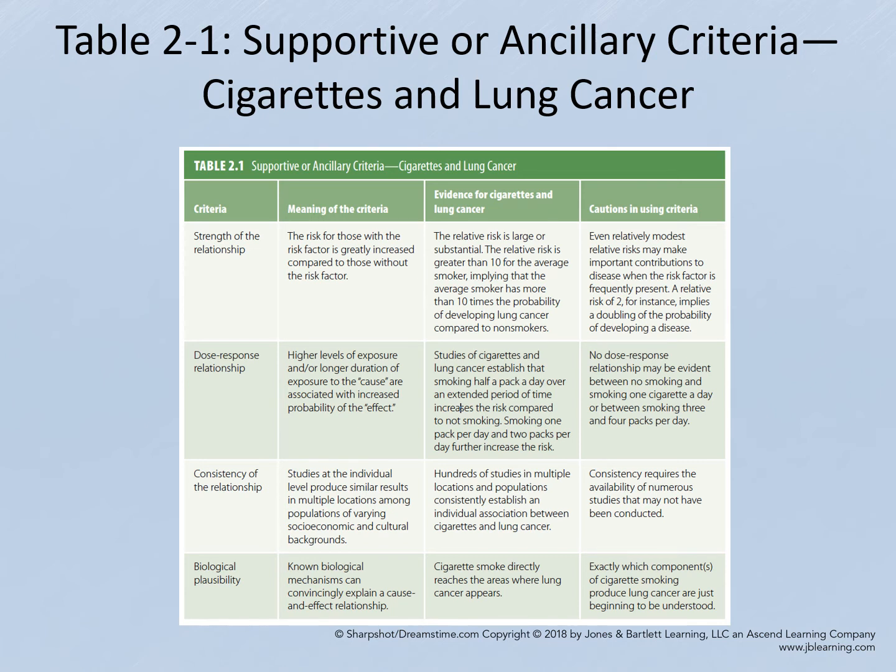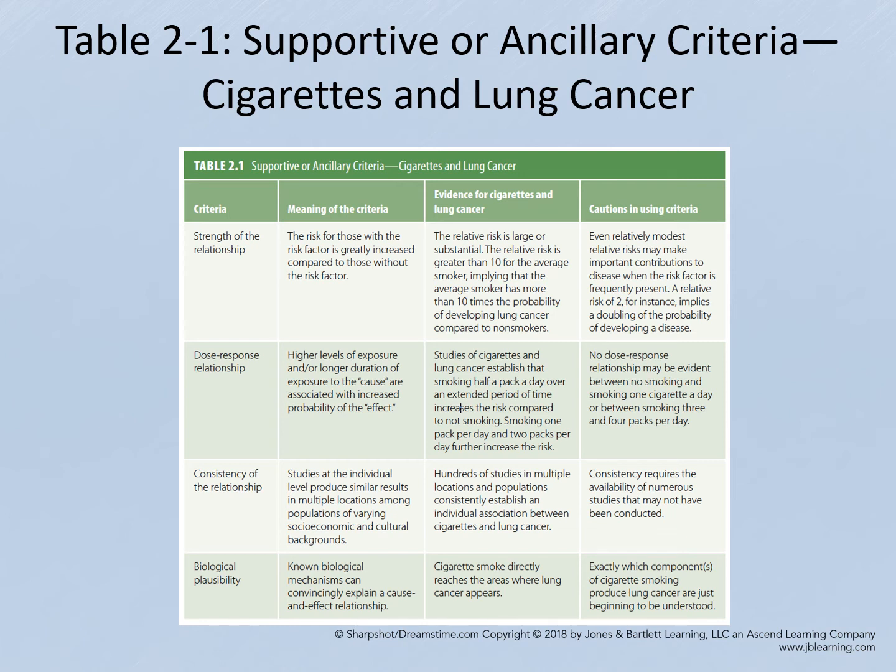Even a relatively modest relative risk may make important contributions to disease when the risk factor is frequently present. A relative risk of 2, for instance, implies a doubling of the probability of developing a disease. So that is strength of relationship. Next is dose-response relationship.